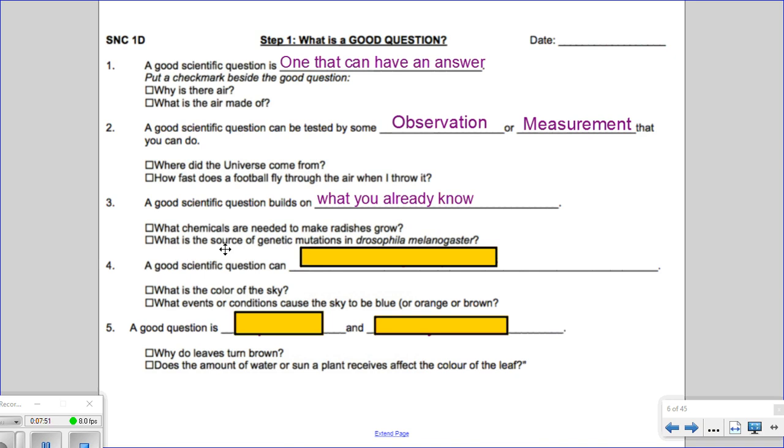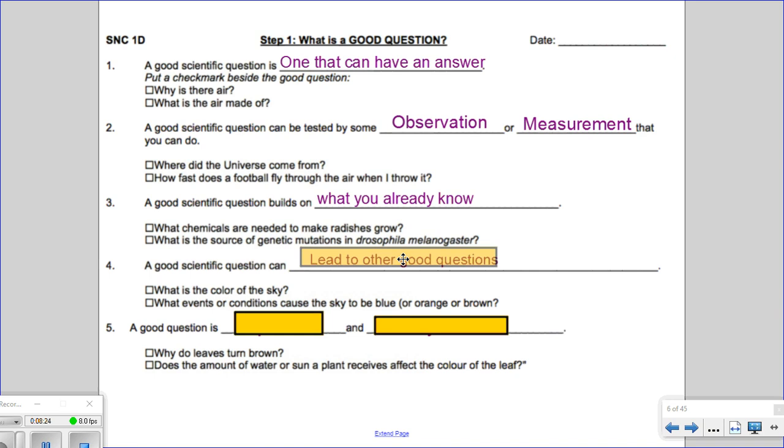So based on what you already know, chances are you might know what radishes are, and you could build upon that existing knowledge in terms of what chemicals would help radishes grow. Whereas, what is the source of genetic mutations in fruit flies? That might be beyond the realm of expertise that you may have.